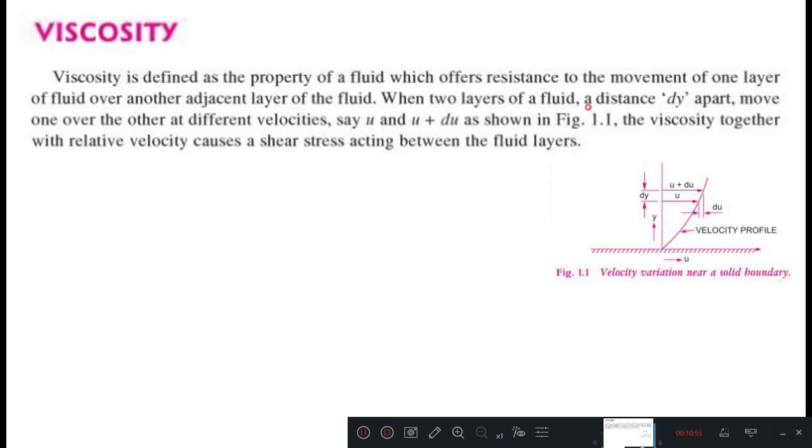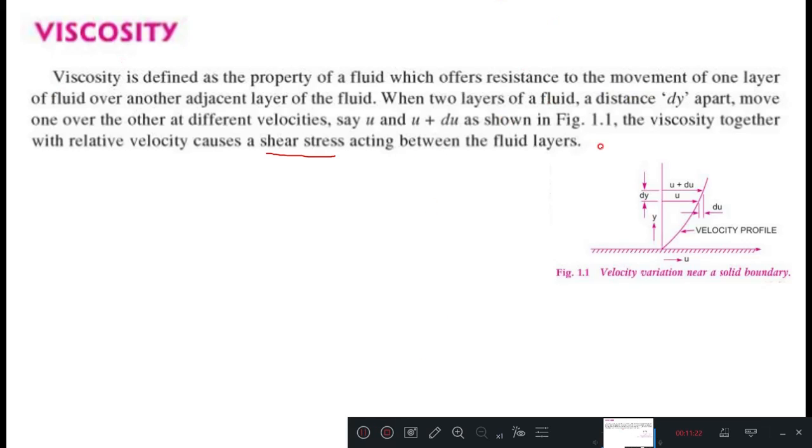Here we are considering two layers of a fluid, a distance dy apart, moving one over the other at different velocities, say u and u plus du, as shown in this figure. The viscosity together with the relative velocity causes a shear stress acting between the fluid layers.